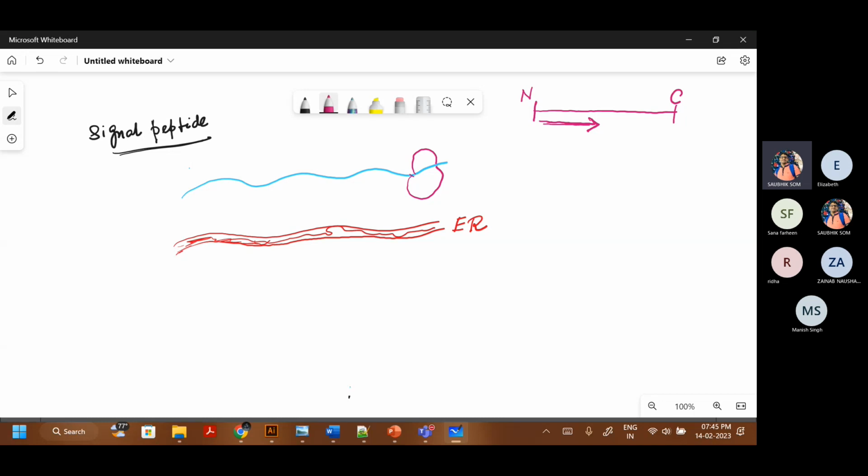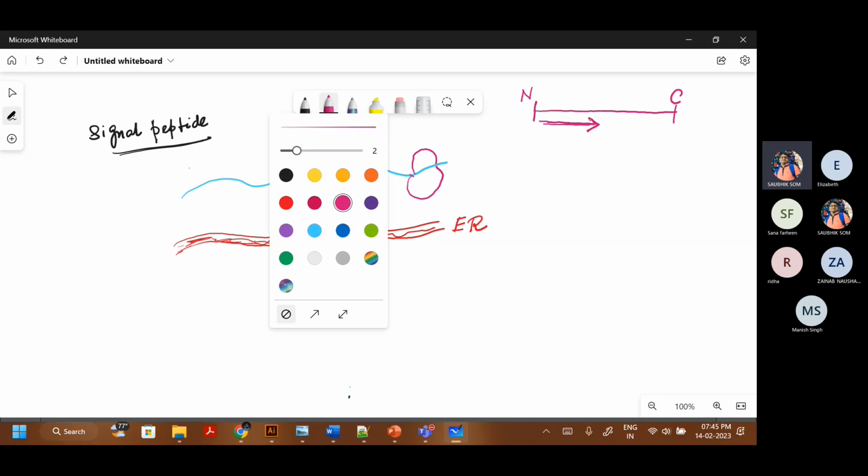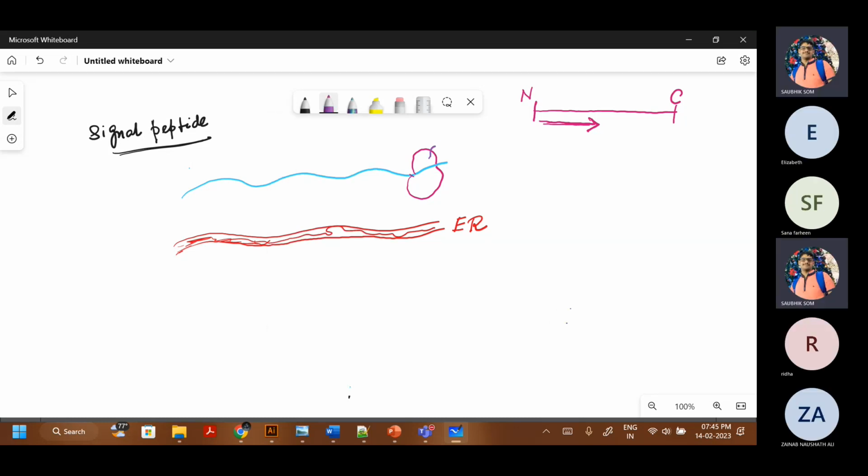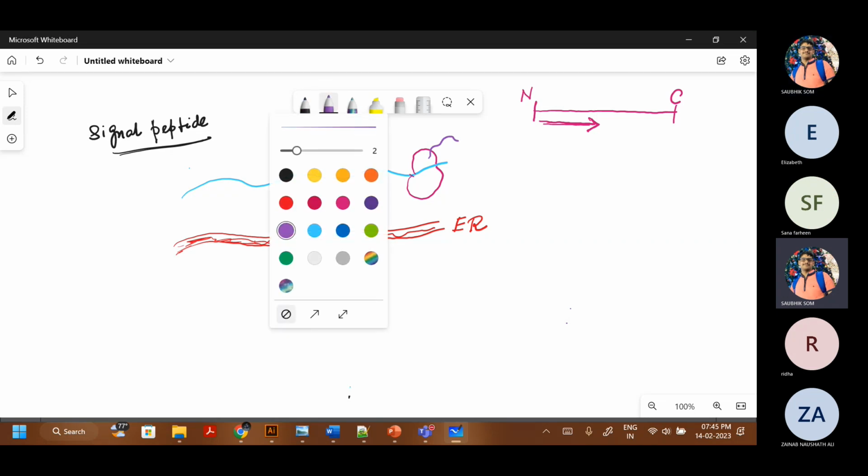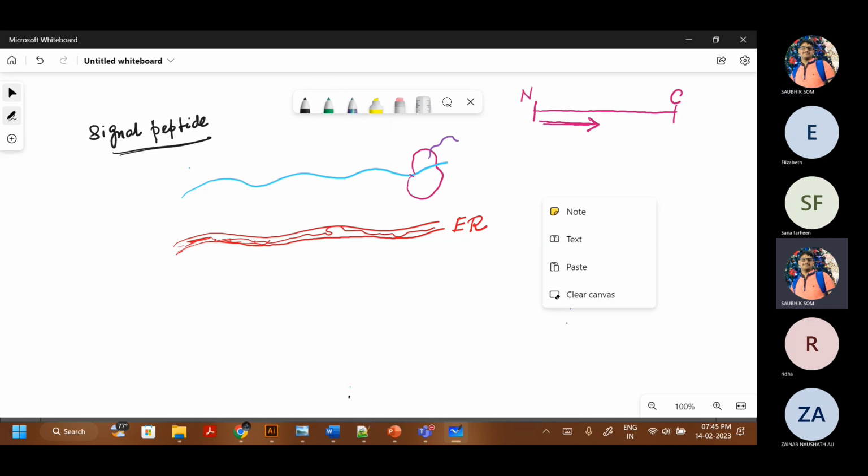Now when the nascent protein is coming out from here, there will be a small part which will be known as the signal peptide. Correct? This is the signal peptide, a small part.